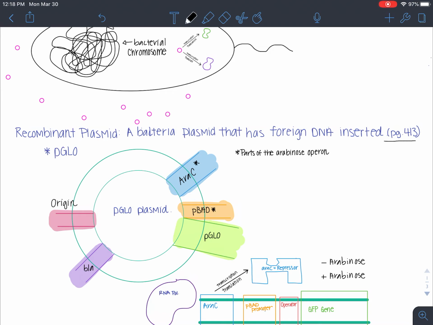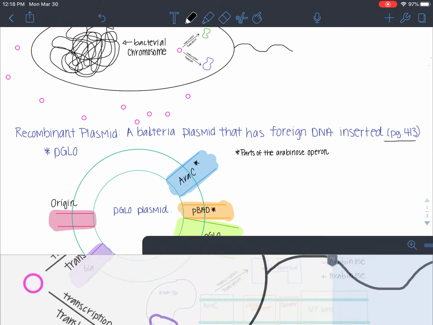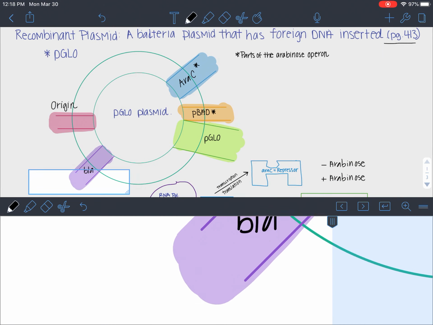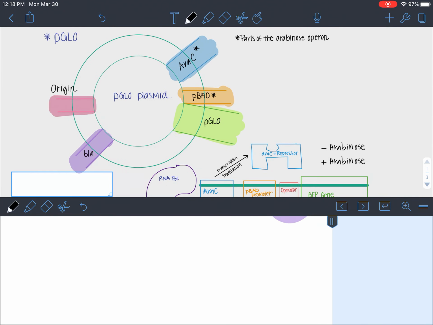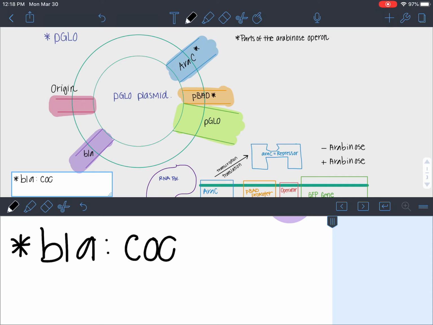Okay, so on that plasmid, we have modified it or edited it to include a few different things. The first thing that we have put on there is going to be this BLA gene right here. And what that gene does is it codes for something that we call beta-lactamase.